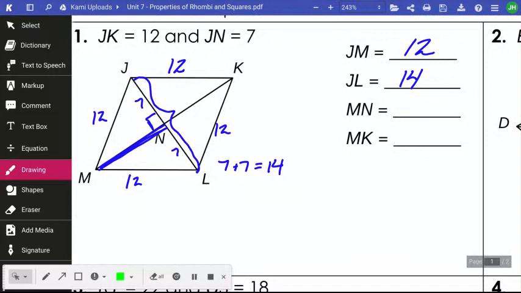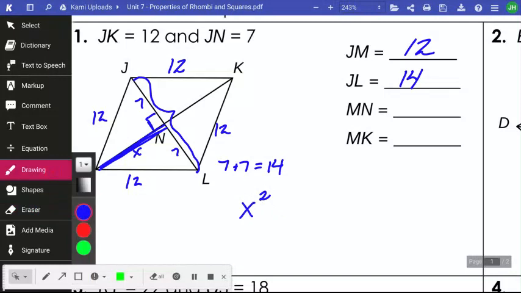Pythagorean theorem says I'm going to square my 2 legs and add them and equal to the hypotenuse. So I'm going to have a squared, which will be my variable, or let's just call it x. So I'll let this be x. Plus 7 squared, the other leg. Again, the legs are the ones that are attached to the right angle. So you see the x is touching the right angle and the 7 is touching the right angle, equal to 12 squared, which is opposite the right angle.